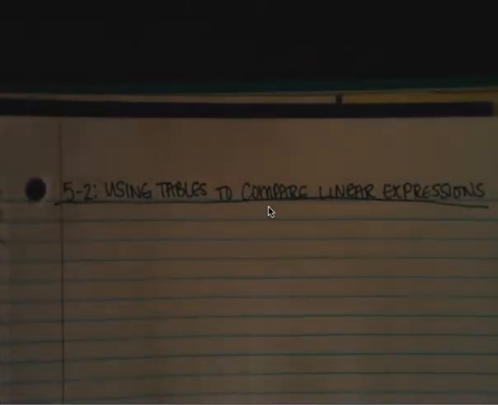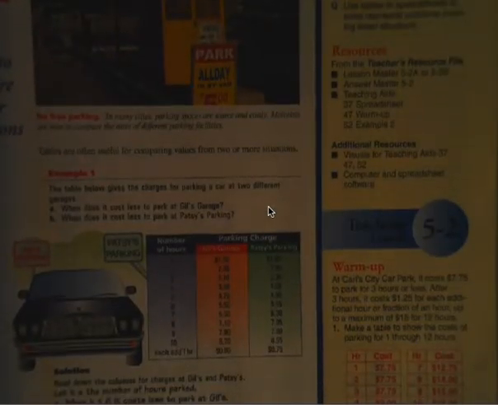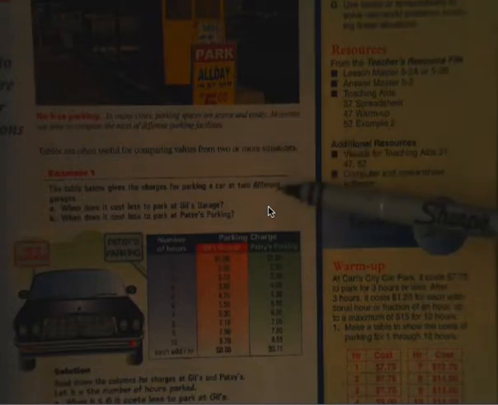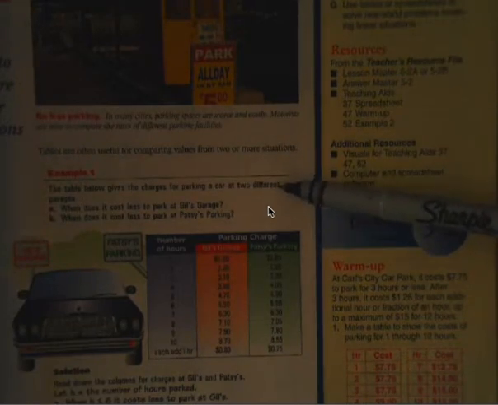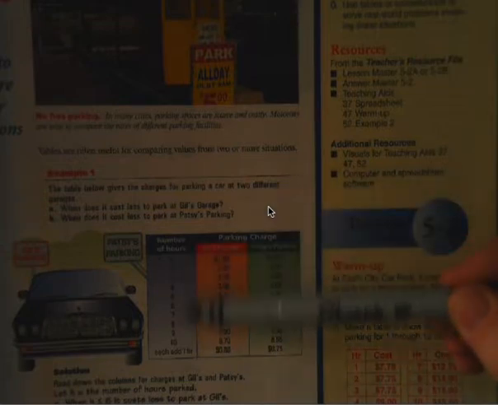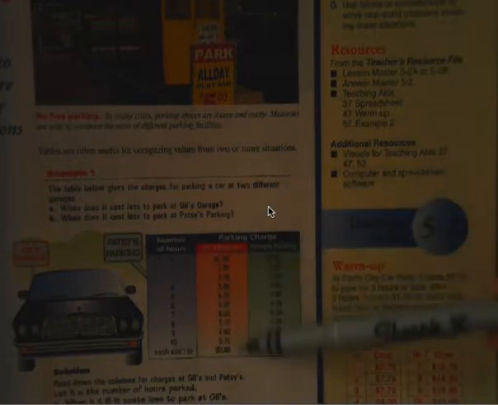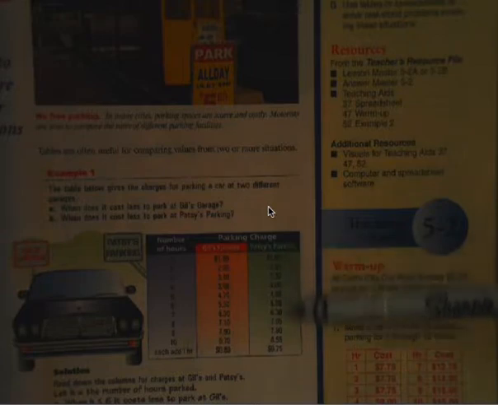Okay, so we're going to look at an example where there's a table already written, and this is on page 291 of your book. In this example, this table is giving us the charges for parking a car at two different garages. So here we have numbers of hours, and then Gil's garage and all the charges, and Patsy's parking and all the charges.